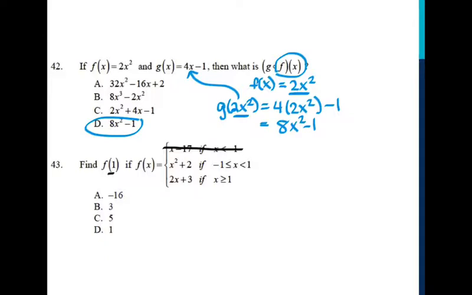Again, 1 does not fall within that interval, so it's not going to be this one. The last one says if x is greater than or equal to 1. Is 1 greater than or equal to 1? It sure is. So I'm going to take that 1 and plug it into this function. I have 2 times 1 plus 3, which is 5. So your correct answer for that is letter C.